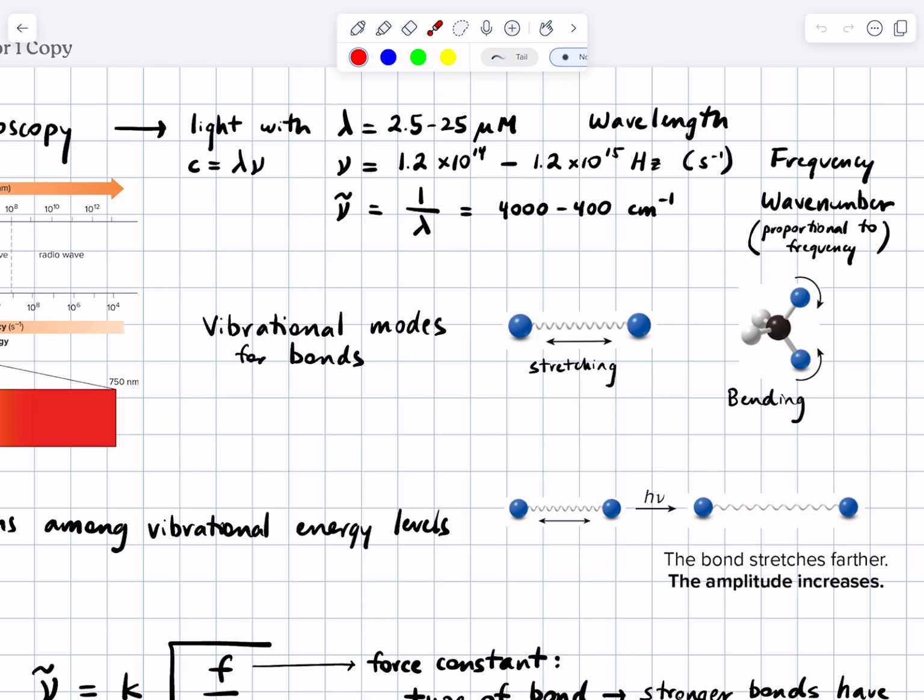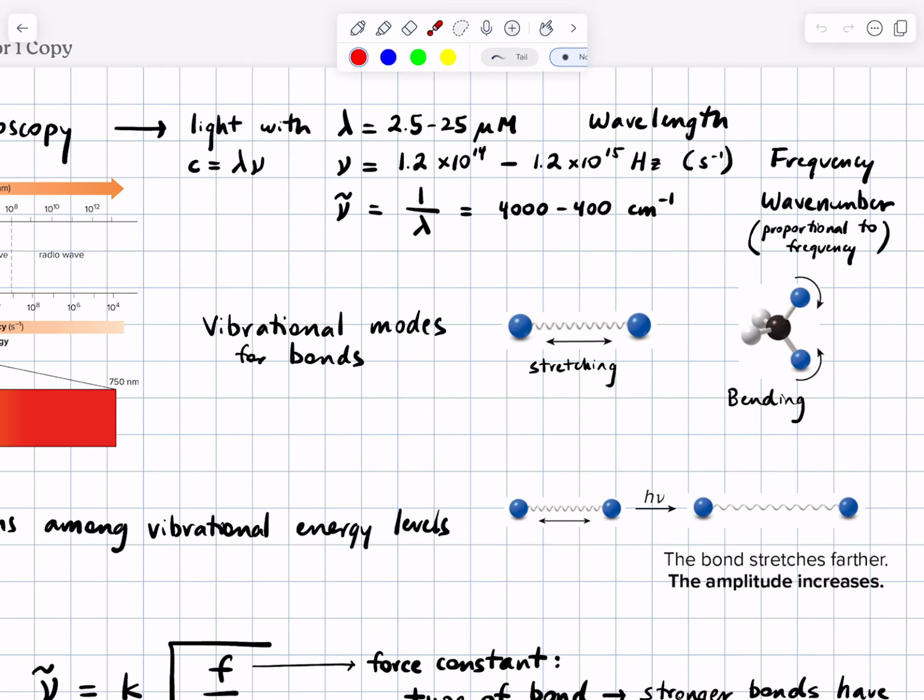And if you learned about that in physics, the vibration of a spring depends on a force constant, how strong the spring is, how tight the spring is, how much it resists movement, and then it also depends on the masses at either end of the spring.